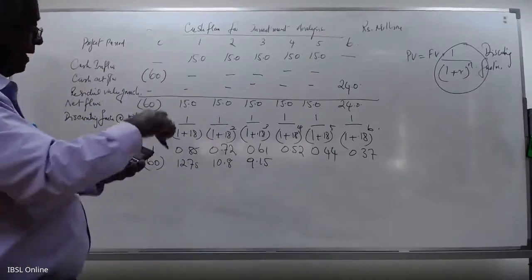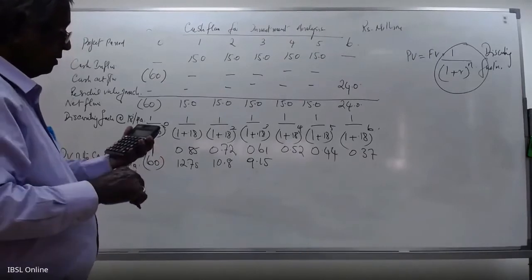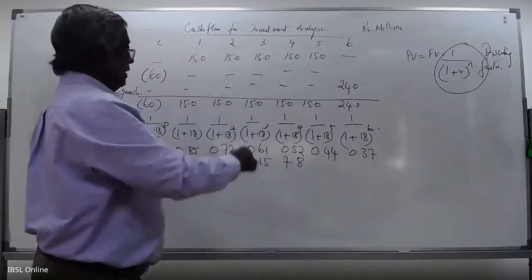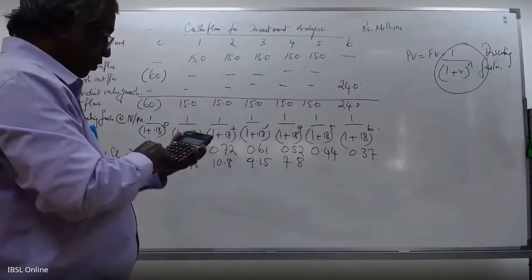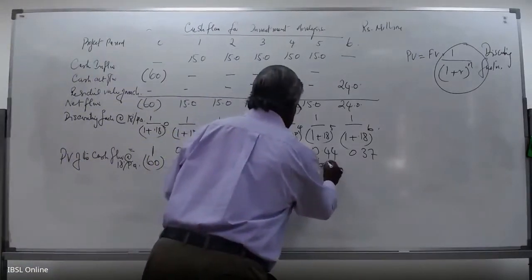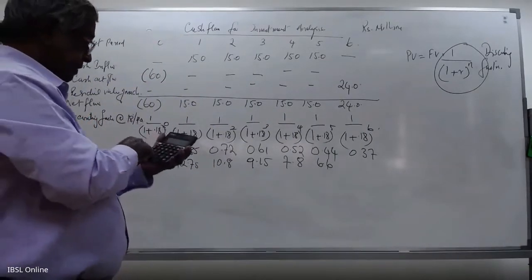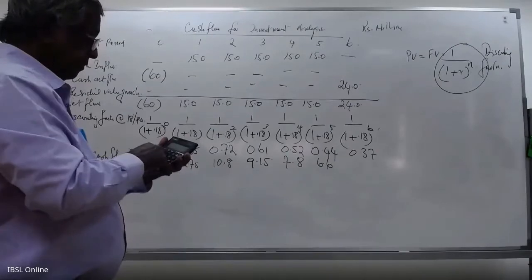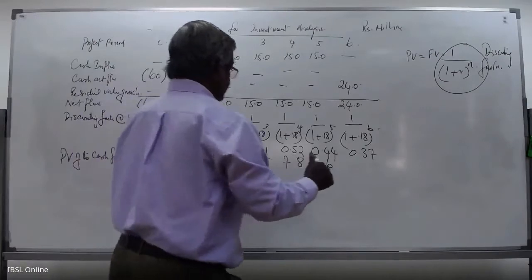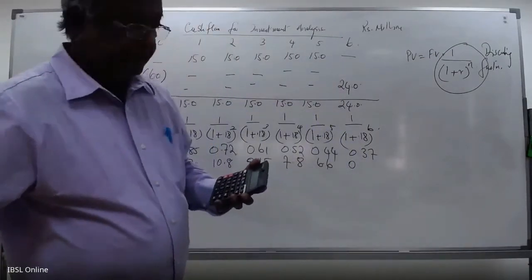Again multiply 15 by 0.52, 7.8. Again multiply 15 by 0.44, 6.6. Now multiply 24 by 0.37, 8.88.